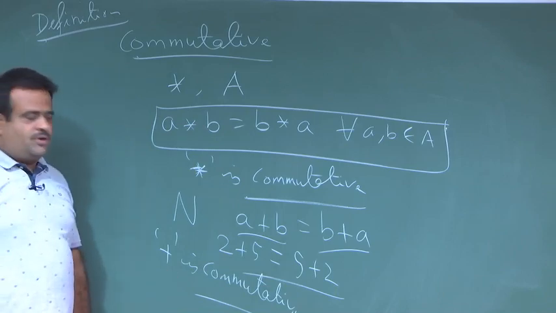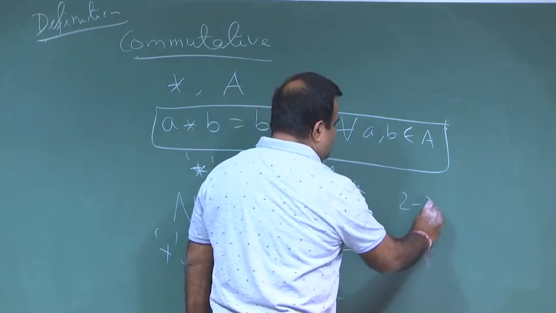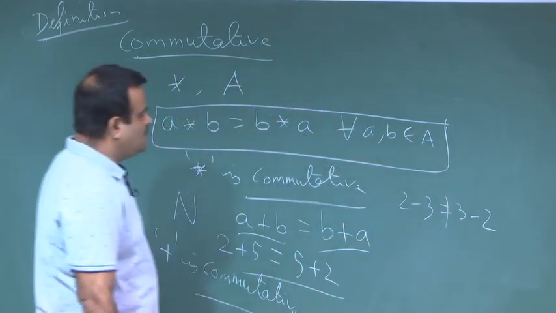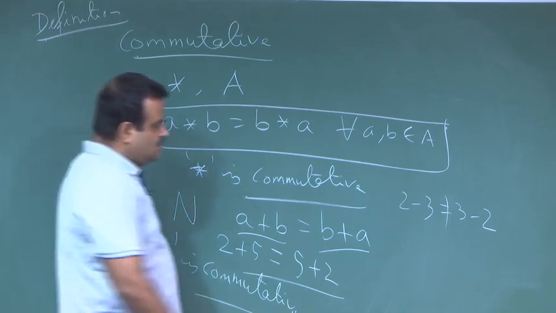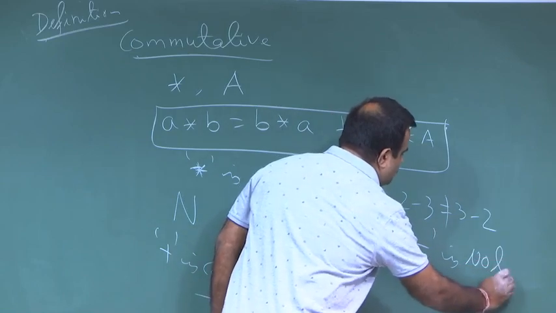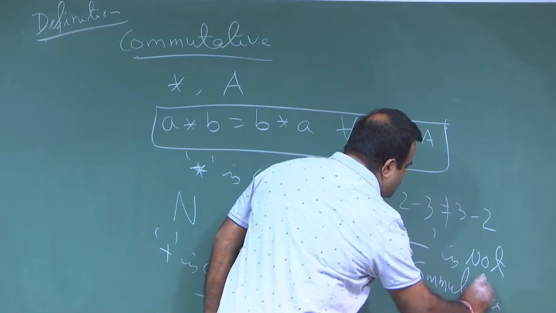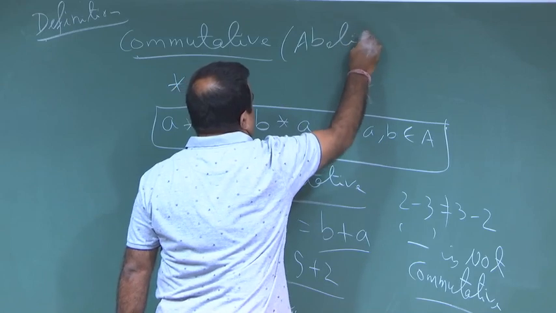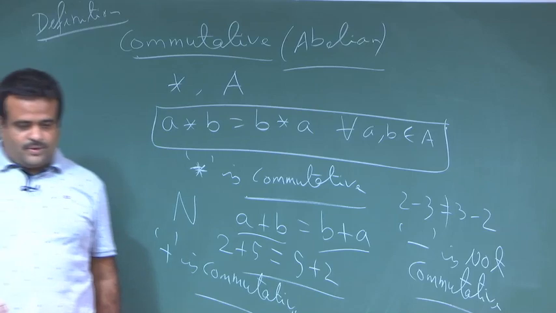But subtraction is not commutative, because 2 minus 3 is not the same as 3 minus 2. 2 minus 3 is minus 1 and 3 minus 2 is 1. So the subtraction operator is not commutative. Commutative property is also called abelian property.